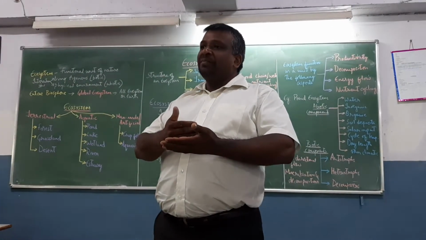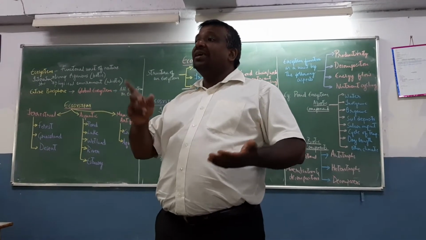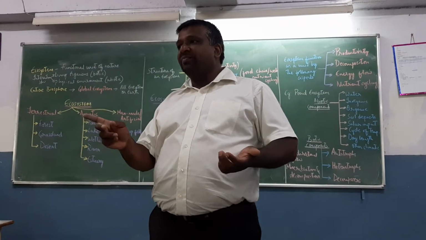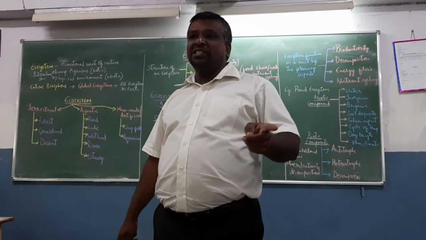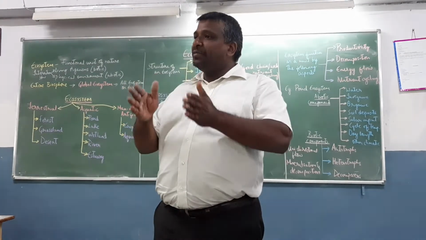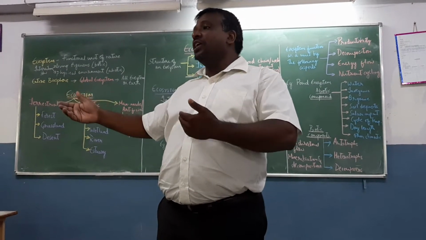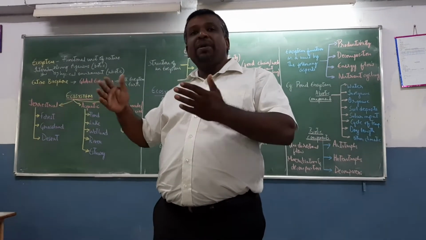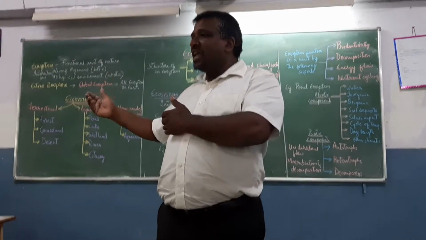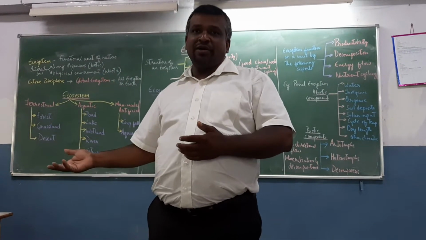From autotrophs, the energy is transferred to the herbivore, which is a plant predator. Herbivore is a primary consumer. From a herbivore, the energy passes on to the primary carnivore or secondary consumer. From primary carnivore, the energy is then transferred to the secondary carnivore.